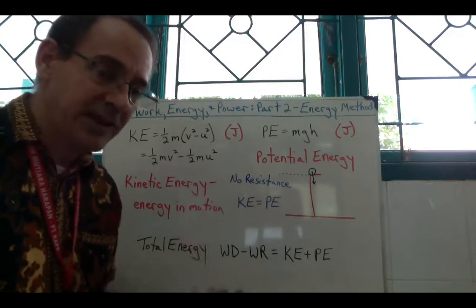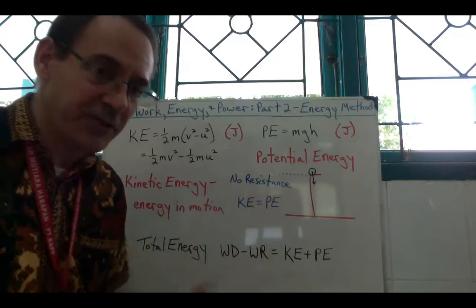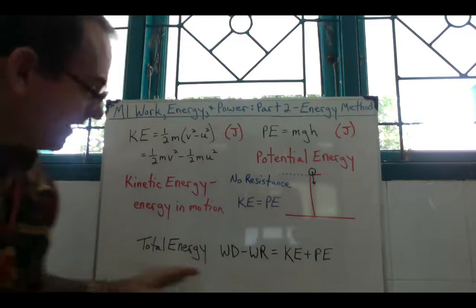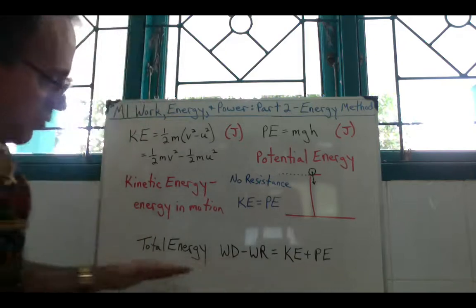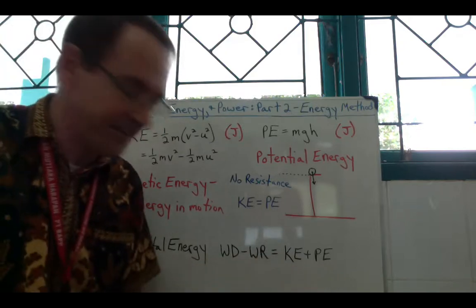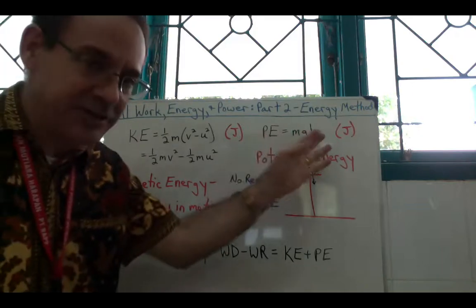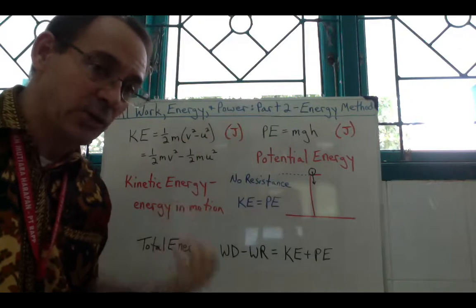However, if there is a resistance of some form or another that you have to consider, then you're going to want to consider the total energy equation here, where remember joules in energy is also the same unit in work.